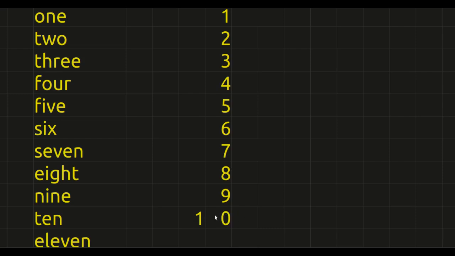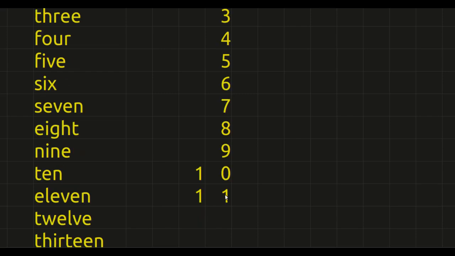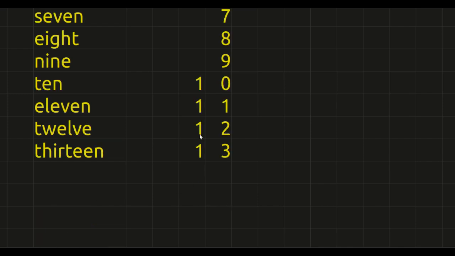So our first 2-digit number is 10, and that represents a count of 10. Next, after 0 we write 1 here and this 1 remains the same. So our next 2-digit number is 11, and that represents a count of 11 items. Then 12 and 13.